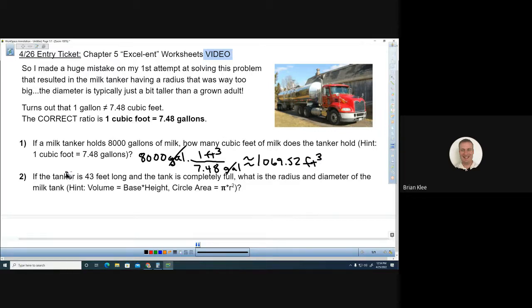Okay. So now, part 2, if the tank is 43 feet long and the tank is completely full, what is the radius and diameter of the milk tank? And our reminder, volume equals base times height, and the base would be pi r squared.